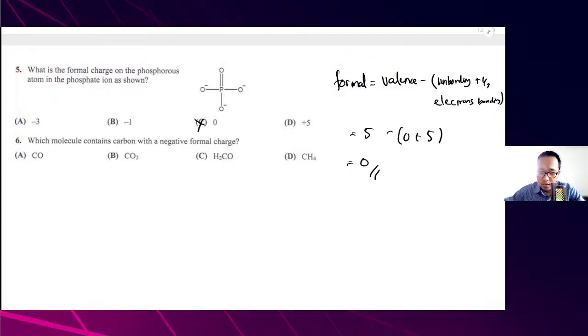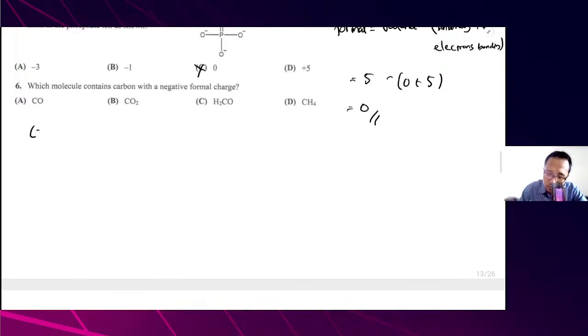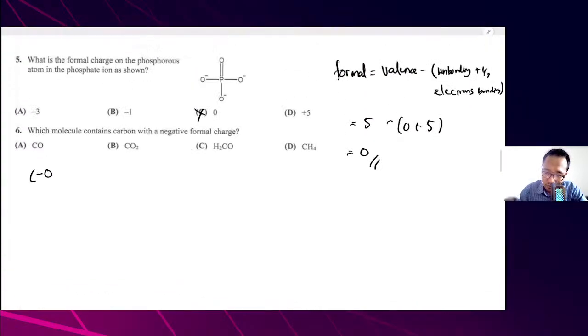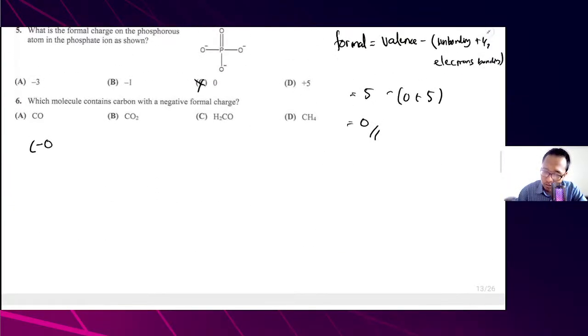Now, which molecule contains carbon with negative formal charge? Still the same, use the same formula. CO. We need to draw one. C has four, right?